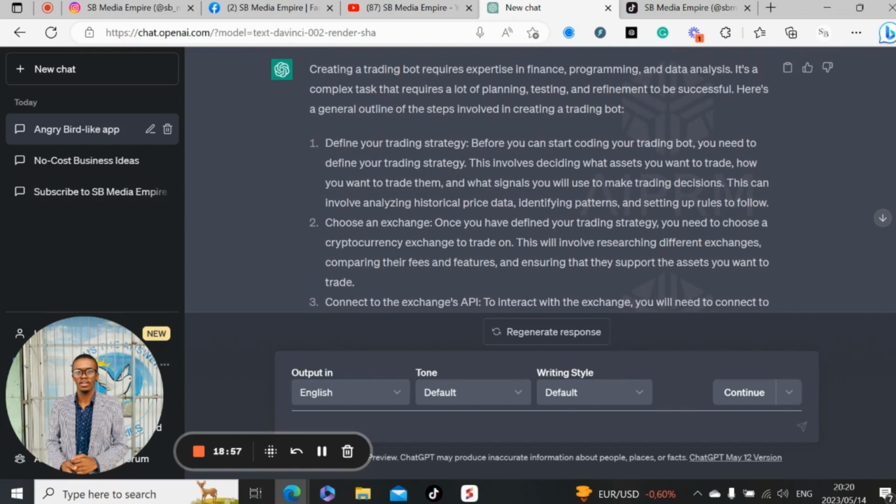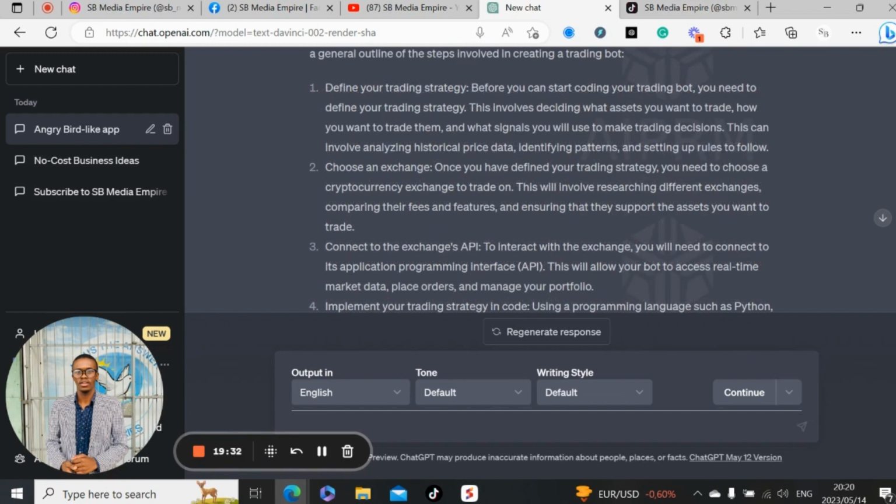But get this, you can create a bot for you to trade. The thing is, I am not a person that does trading. You can use this. Ask it what you want it to do, anything related to trading that you know about. Just say to it, let it create the coding for the trading bot for you.